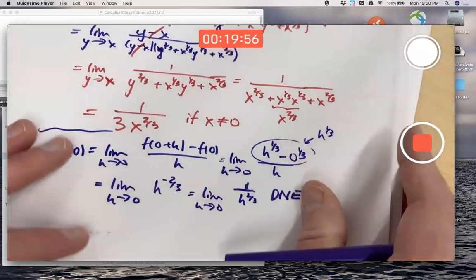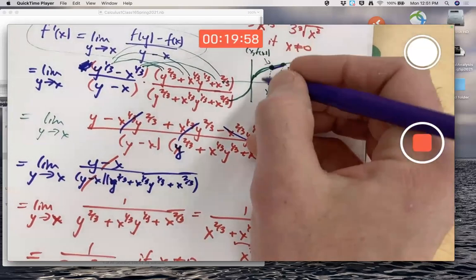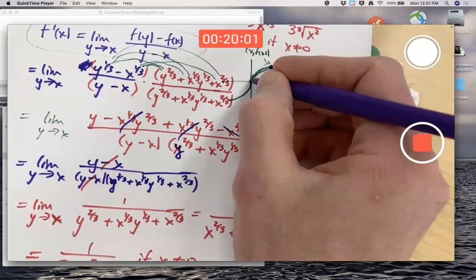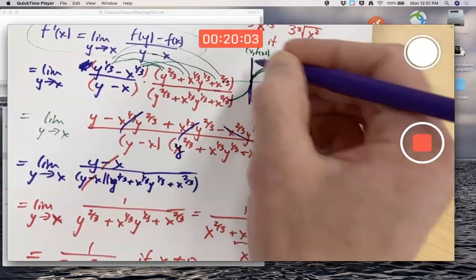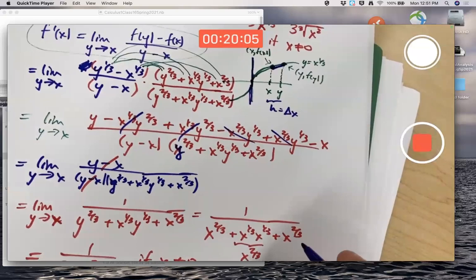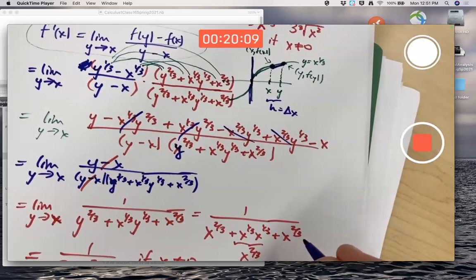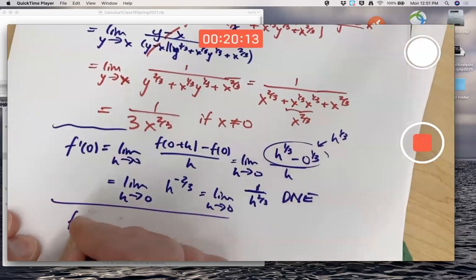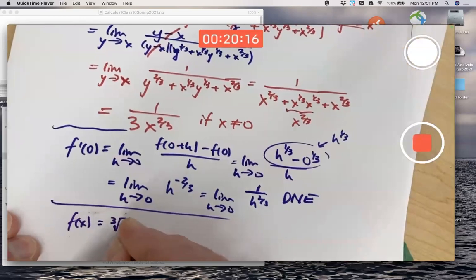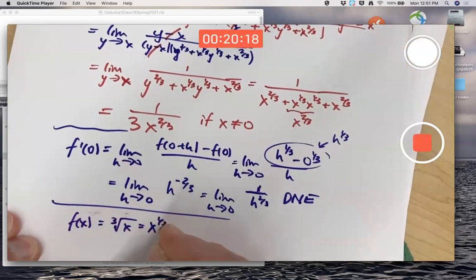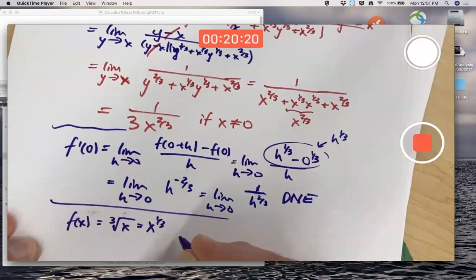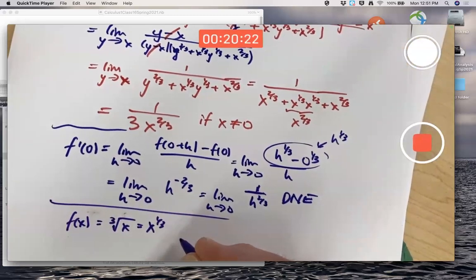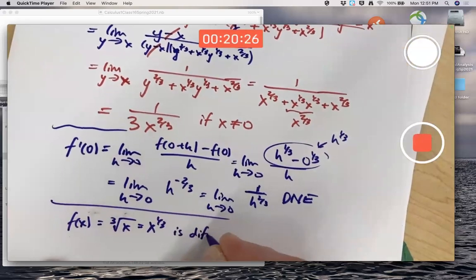What's really going on here with this graph? The tangent line does exist, but it's vertical. It's got an infinite slope, you might say. Technically speaking, we'd say the slope is undefined. So yeah, f of x equals cube root of x, x to the 1/3, is differentiable, has a derivative everywhere except 0.